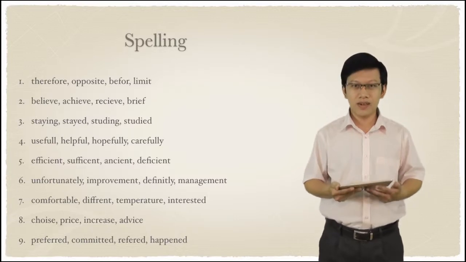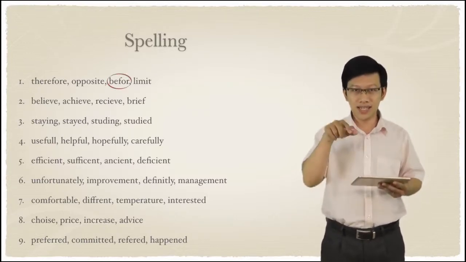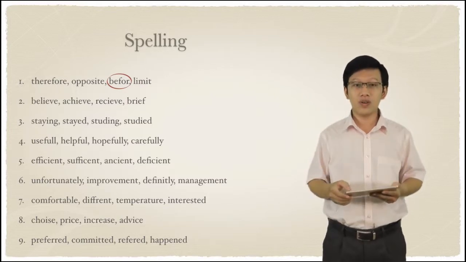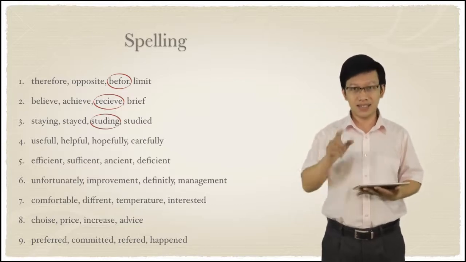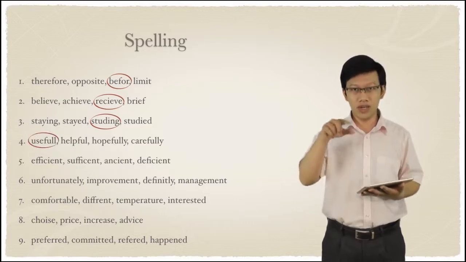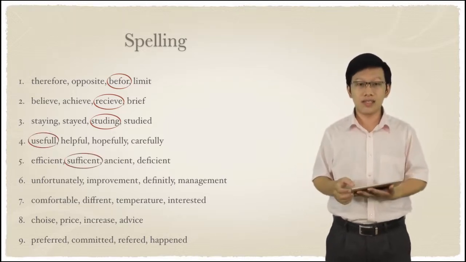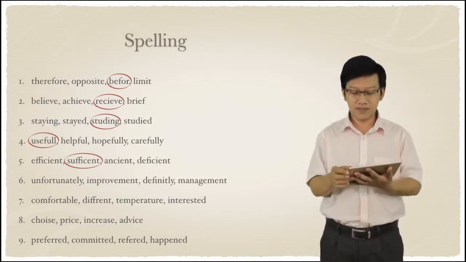Alright, here we go. Number 1, before, there's a missing E. Number 2, receipt is wrong. Number 3, studying, there's a Y missing. Number 4, useful, there's only one L. Next, sufficient, there's something missing in this word, right? There's an I missing.